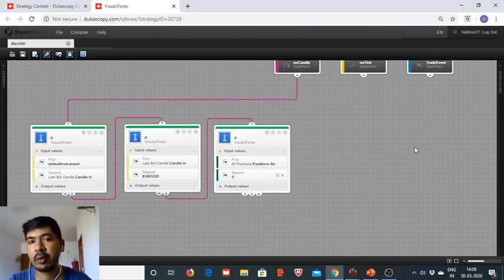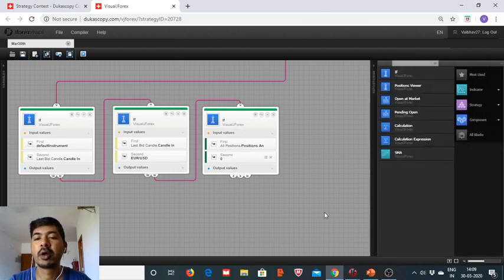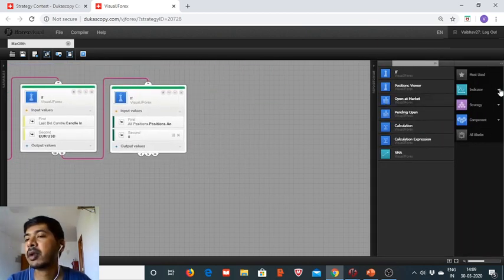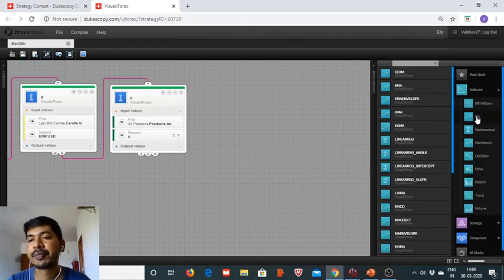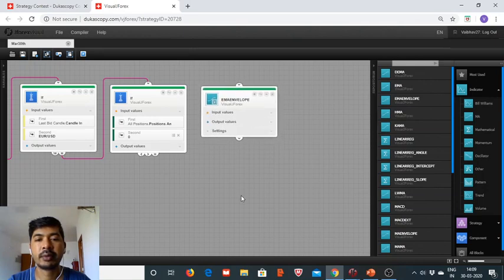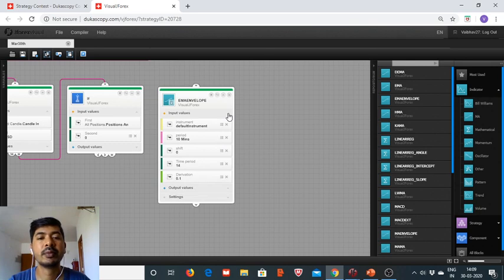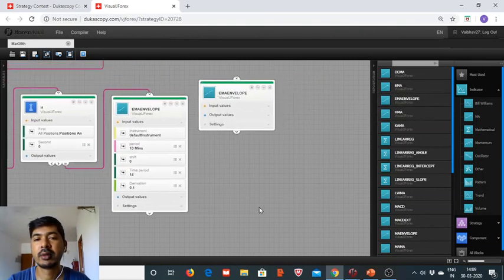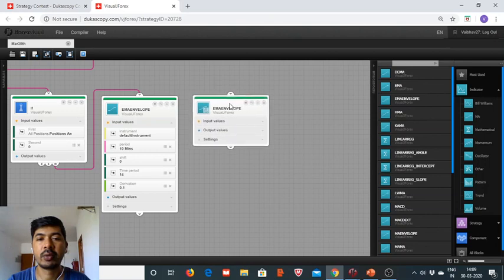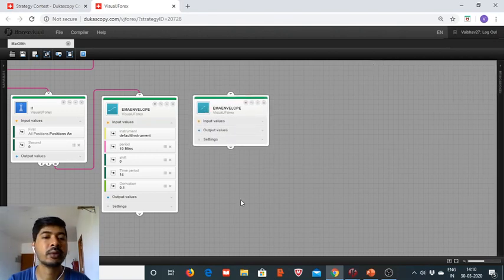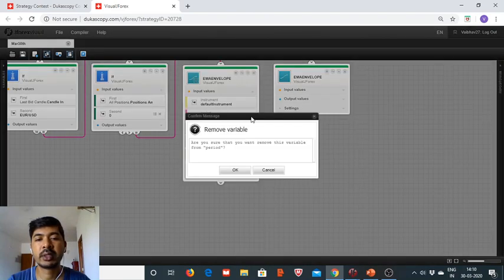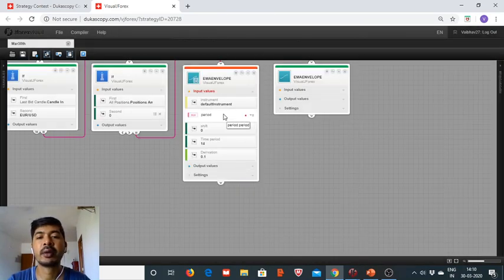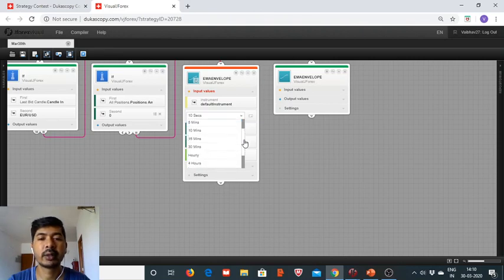So far so good. Now let us bring the EMA envelope indicator, MA, and here is the EMA envelope. Position amount should be equal to 0. We will need 2 of these, so we are bringing in 2. Let us change the candle period value to 4 hours.